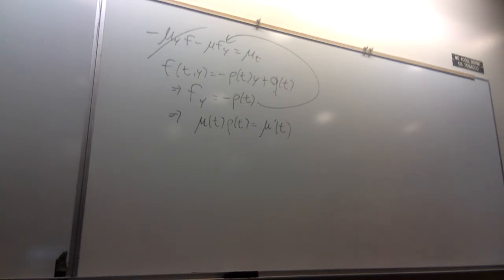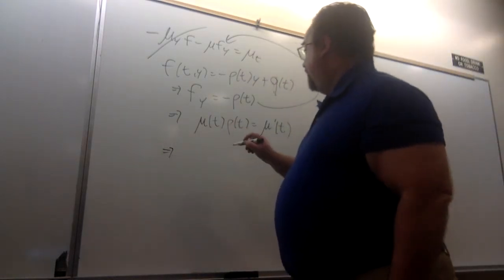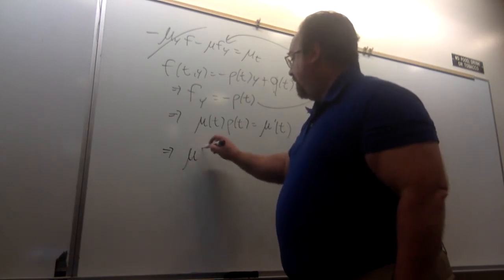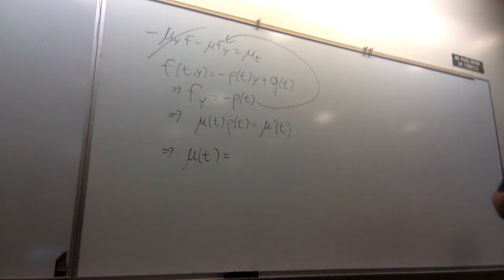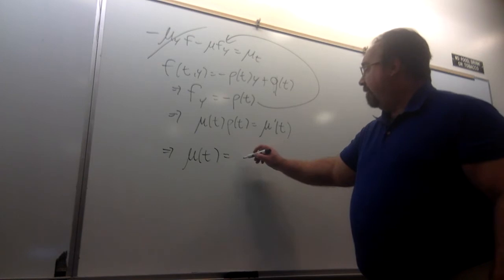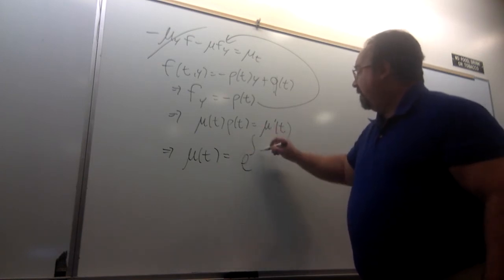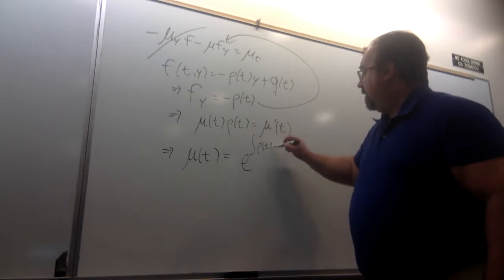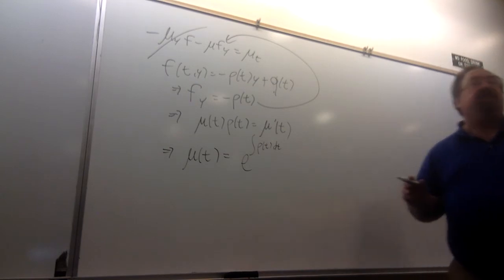Now, this kind of equation we've actually seen before in various instances. So I can simply write down what the solution is. This is actually a separable equation. So what we get is mu is e to the integral of p of t dt times the constant.